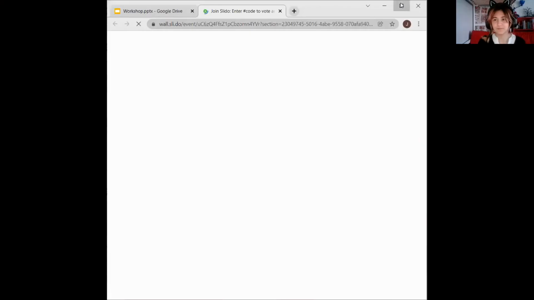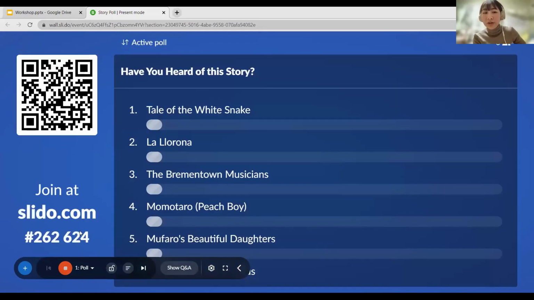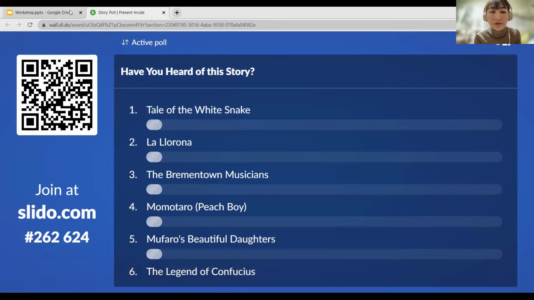Okay, so we have made this live poll. It's very simple, it's a Slido. If you have your phone with you, you can use this QR code, or you can go to slido.com and type in the number 262624, which we have on the slide here. Is everyone able to see the Slido?